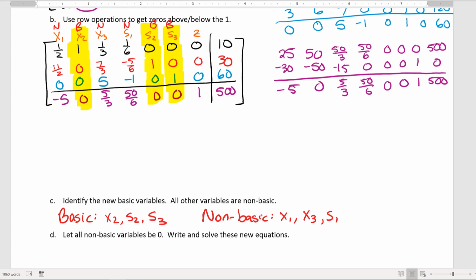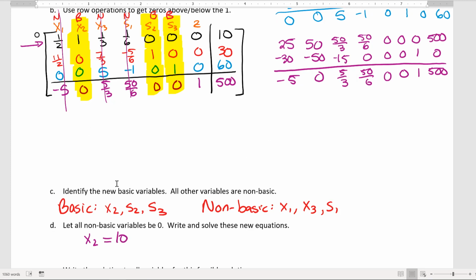So if I think of every single non-basic variable as 0, it's like I can put a clean line right down the columns of my non-basic variables. Then when I read the equations from left to right, I see that I have 1 x2 plus no s2s plus no s3s plus no z's equals 10.